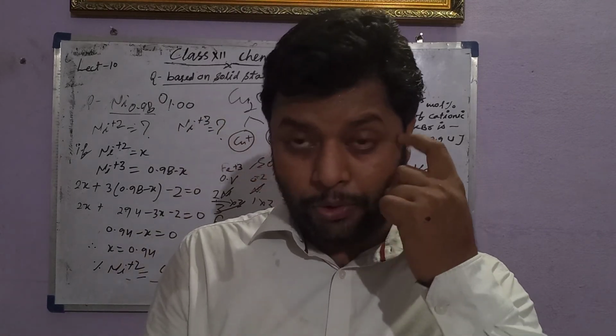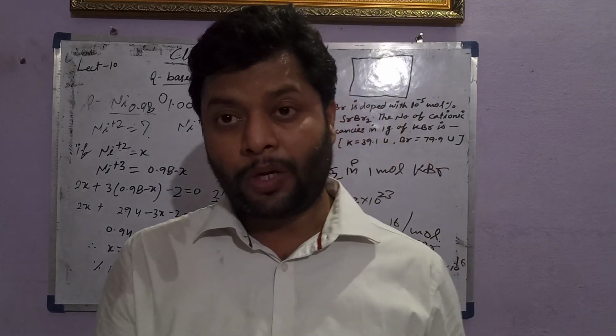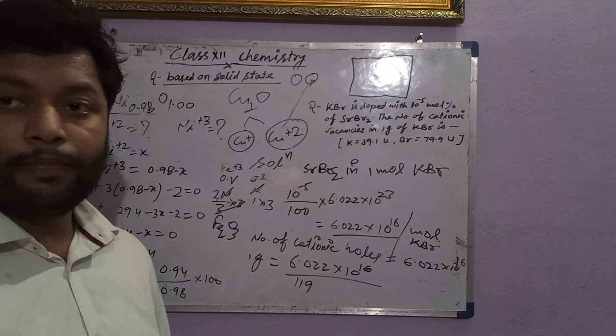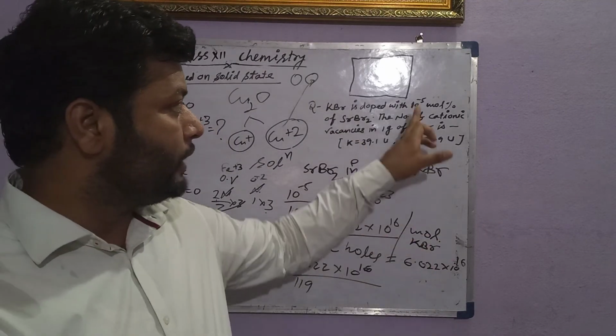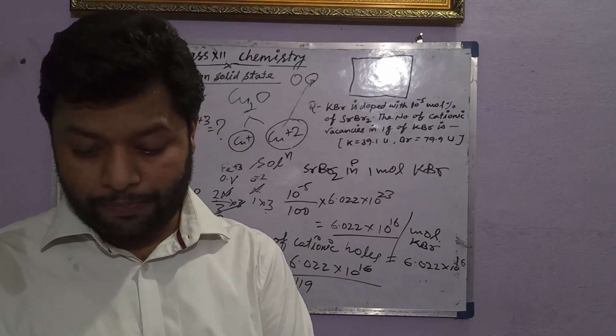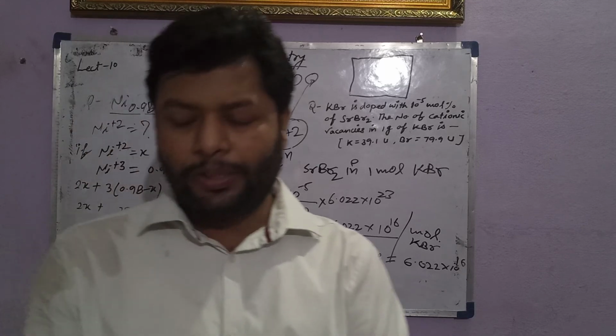The second last question is, if NaCl is doped with 10 to the power minus 3 mole percentage of SrCl2, the same question is there, mole percentage. So 10 to the power minus 3 upon 100 will be 10 to the power minus 5. What is the concentration of cationic vacancy? This is very easy.